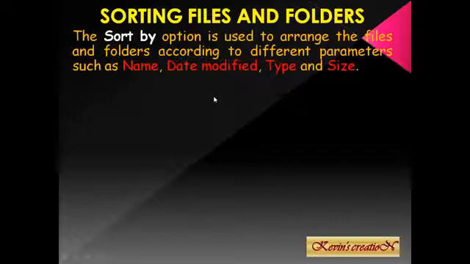Suppose we want to keep all the files which are document files or the files which are music files, all these we want to separate, arrange, organize, we require this sort by option. And how can we do it?